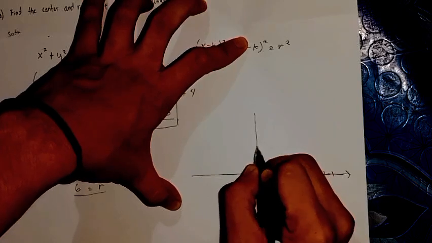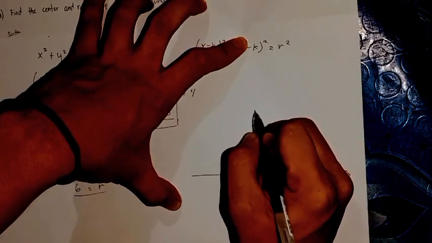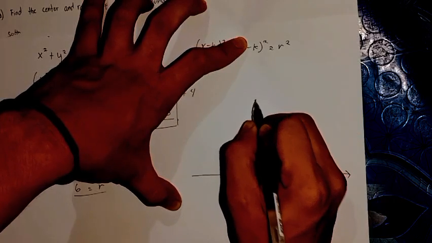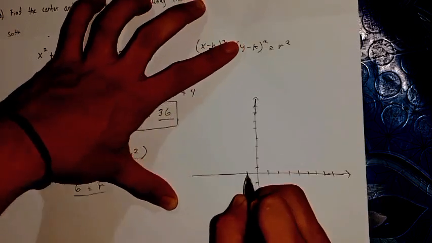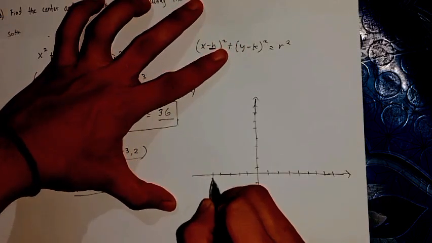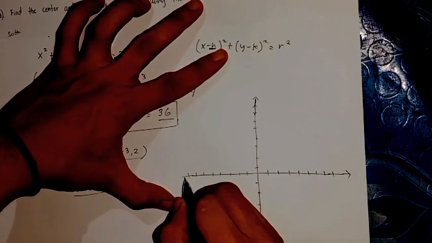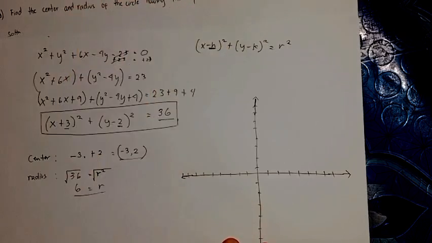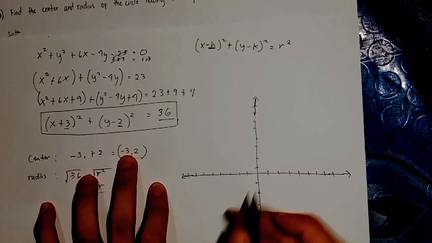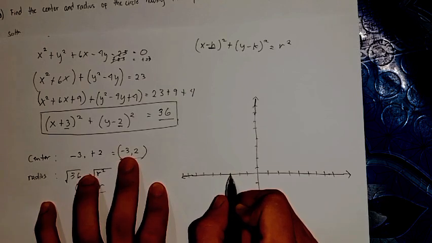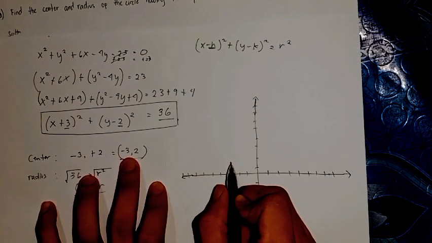1, 2, 3, 4, 5, 6, 7, 8. Now, since we have a Cartesian plane, our center is negative 3, so 1, 2, 3, negative 3, and positive 2, so 1 and 2.